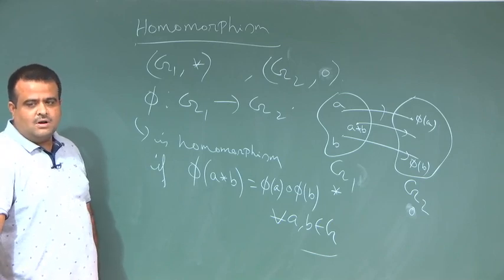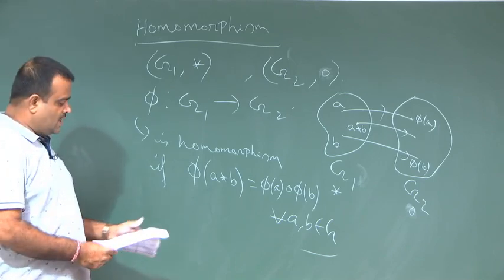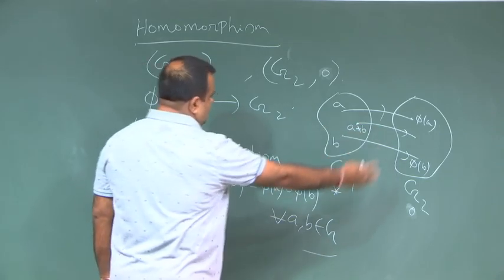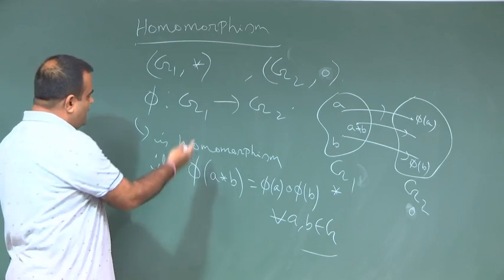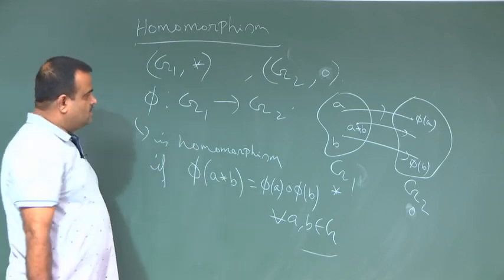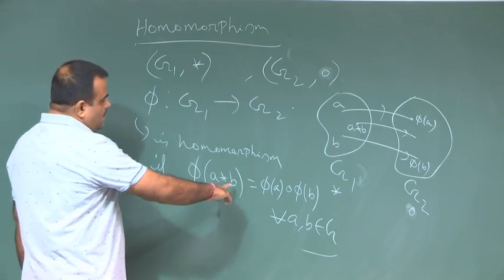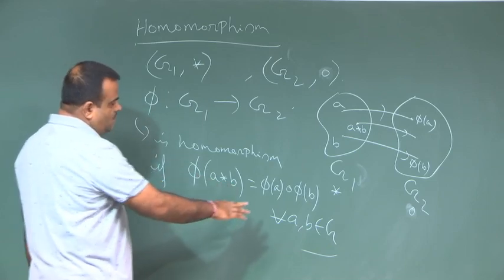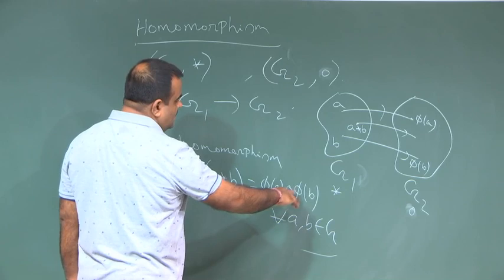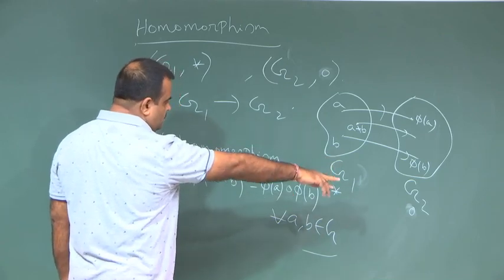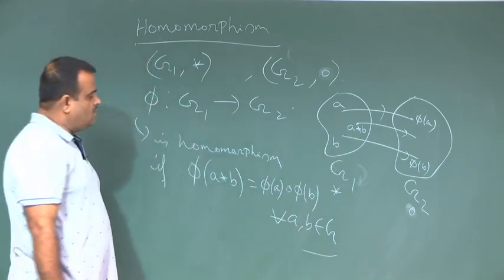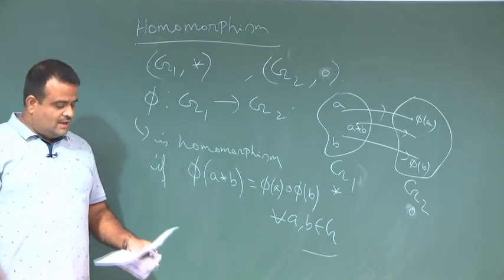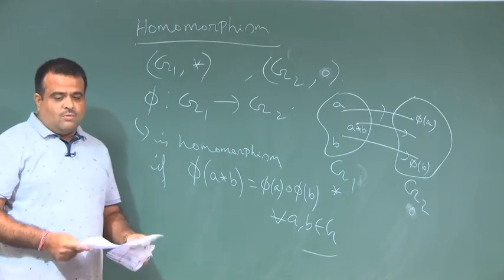So, this is a mapping from one set to another set, and if this mapping satisfies this condition, that means phi of A star B is the same as phi of A operated in the group G2 with phi of B, and if this is true for all A, B, then it is called a homomorphic function.